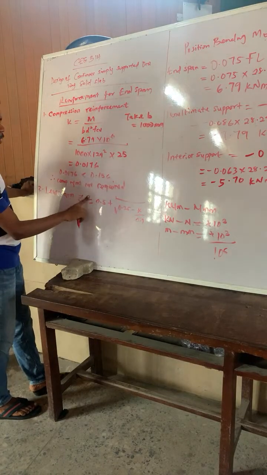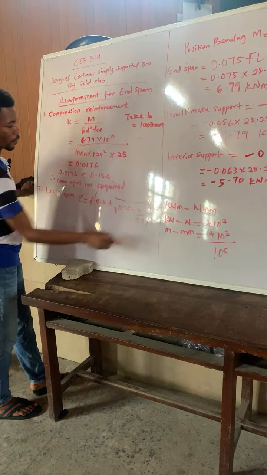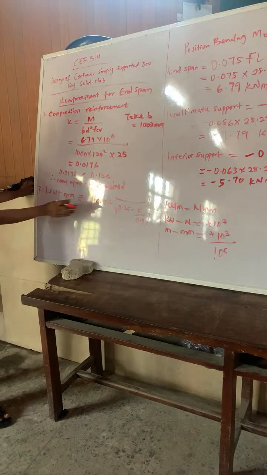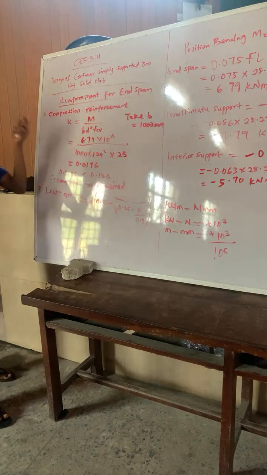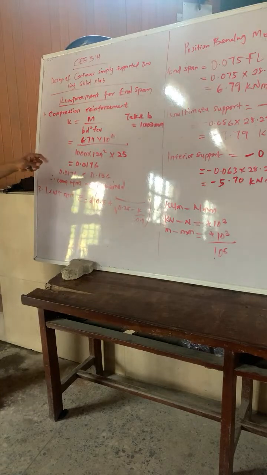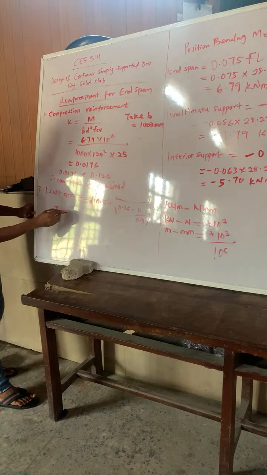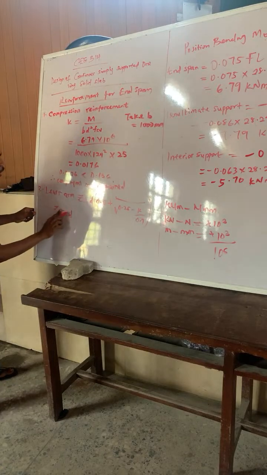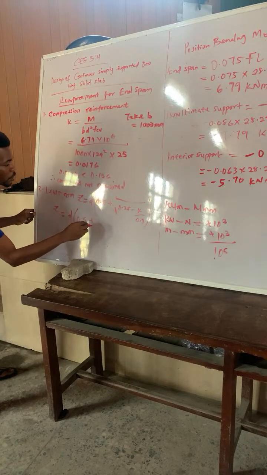Sorry, there is a D. So we are leaving this in terms of D. So our Z equals D into bracket 0.5 plus root of 0.25 minus K over 0.9.